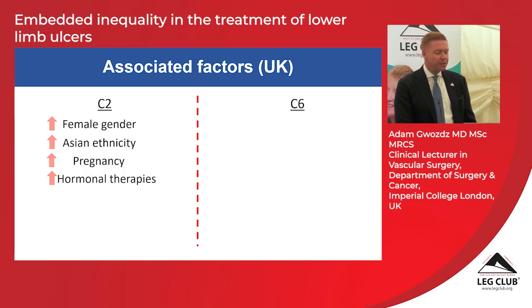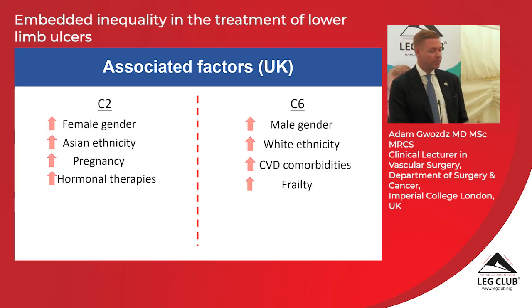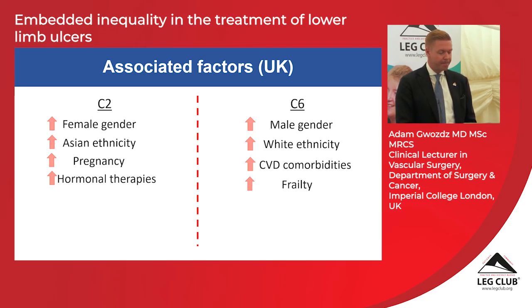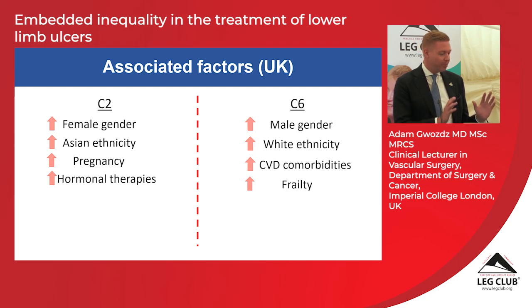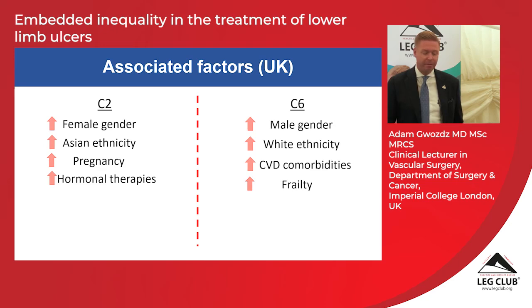So what are the factors that are associated with patients having C2 disease or C6, so symptomatic varicose veins versus active ulceration? Now, when I looked at this and put the slide together, the thing that really stood out for me is that this looks like 2 completely separate diseases. The predisposing risk factors are completely different for both categories, which I think is very, very interesting.